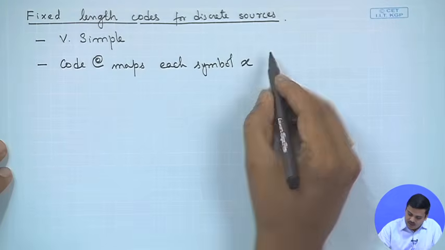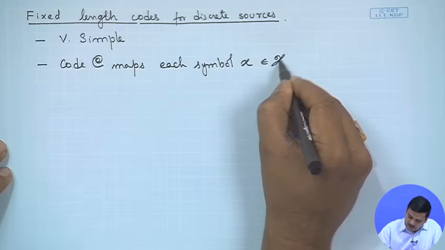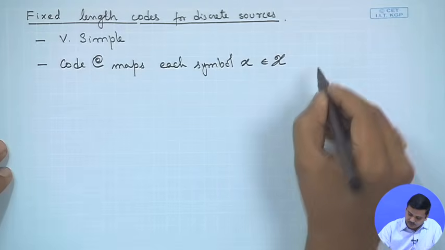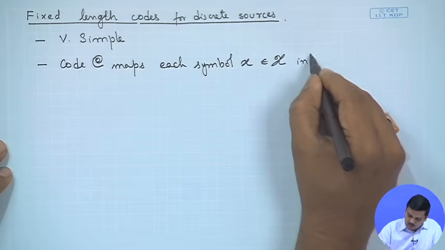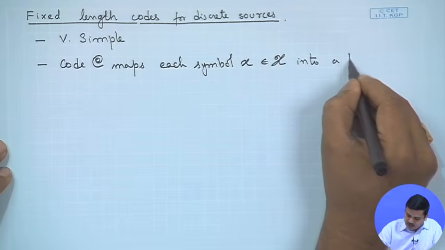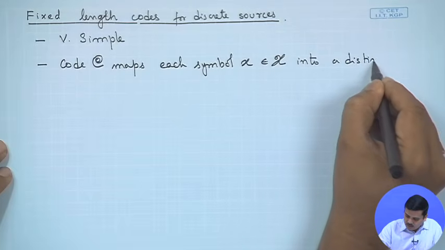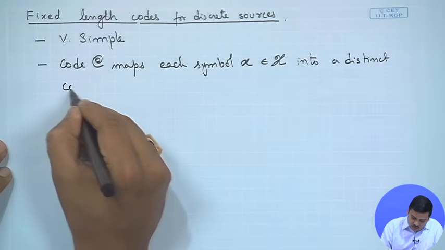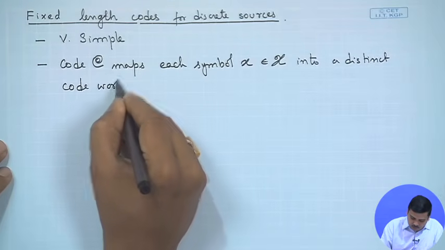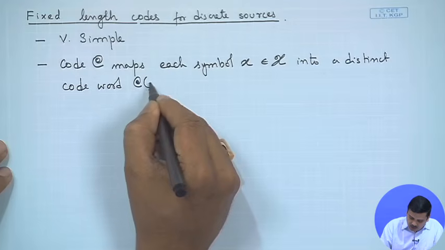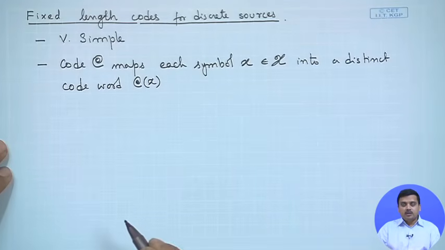So each symbol x, element of capital X, maps into a distinct code word C of x. You can think of it as a function almost. I get the symbol, I put it into C, I get C of x, which is a code word.